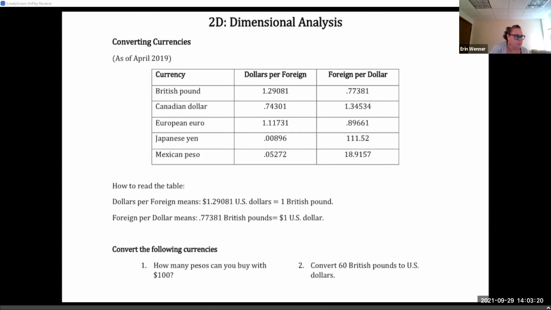How do you read this? You have two columns, dollars per foreign and foreign per dollar. How do you know when to use what? The first column is when you're starting at foreign and you want to go to US. The second column is when you're starting at US and you want to convert to foreign.